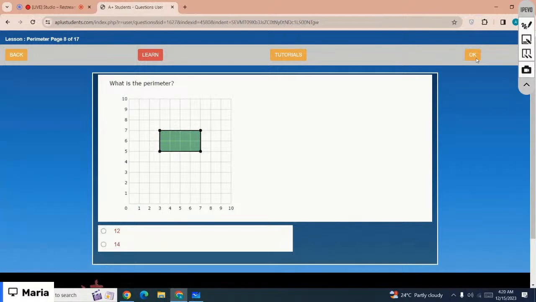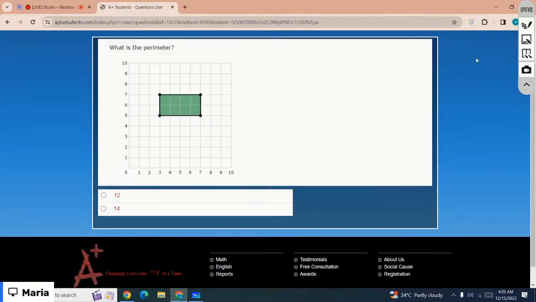What is the perimeter? Which is the correct option? The correct option is 12.